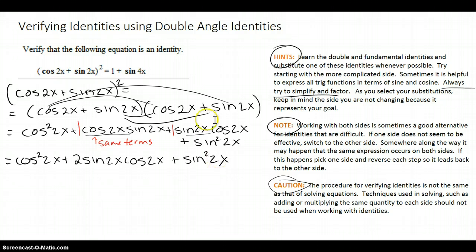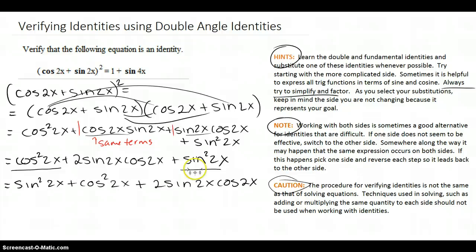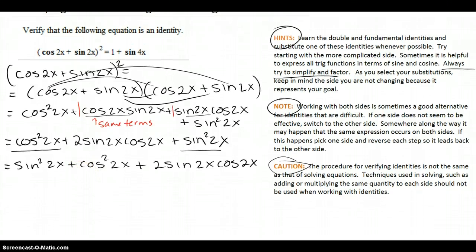Okay, now I'm trying to get to this right side. Ooh, the 1 there. I see that. We know that sine squared plus cosine squared is 1. Let's write that. So if I just rewrite the sine with the cosine, we know this is 1. Again, let's write down what that identity is.